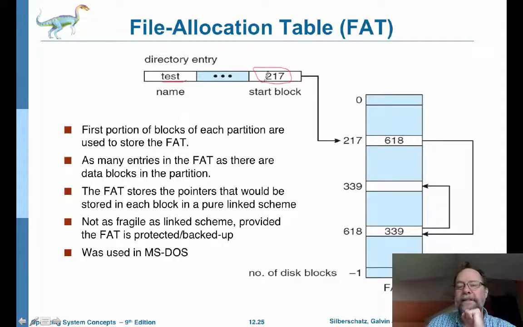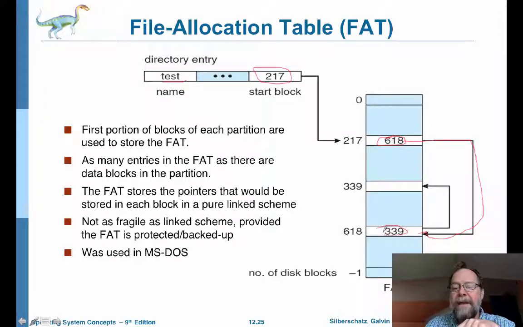So far, this is just like the linked list. But now here's the difference. The link to the next block is stored in the FAT table itself. So if you look at entry 217 of the FAT table, that entry is going to be a link, an address possibly, to the next block that comprises this file, i.e. the file test over here, say to block 618.